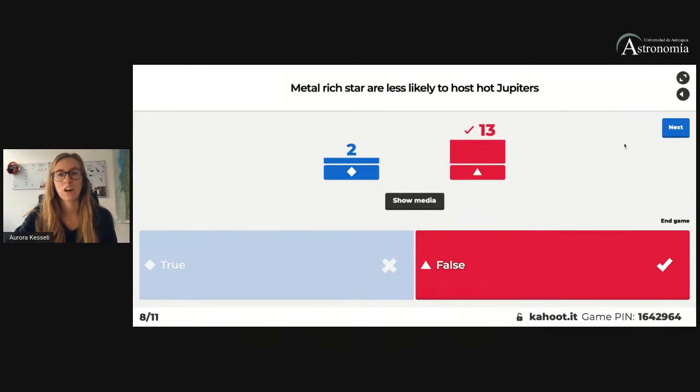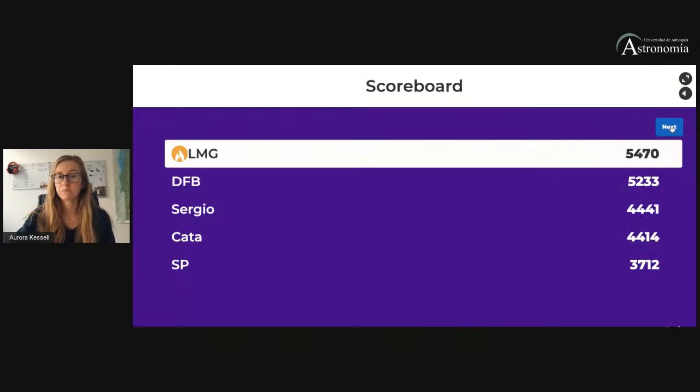Great. Okay, most of you got that. So metal-rich stars are actually more likely to host hot Jupiters than metal-poor stars.